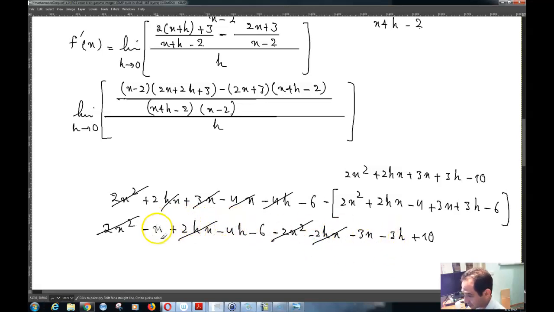And so you will get negative x, negative 3x is negative 4x, negative 4h, negative 3h is negative 7h, and 10 minus 6 is equal to 4.